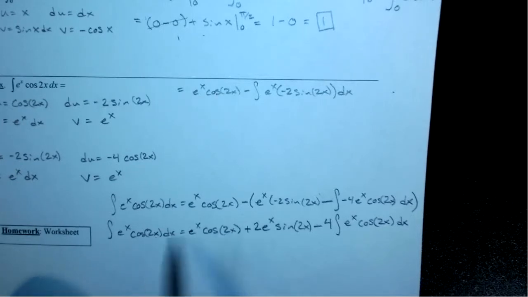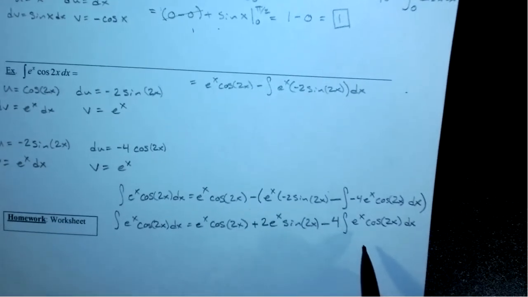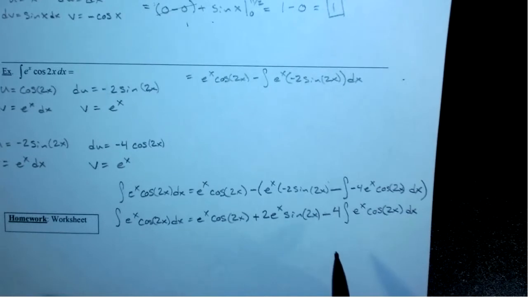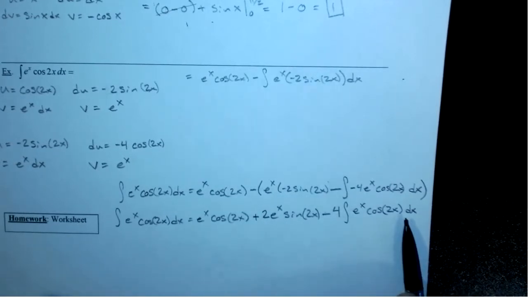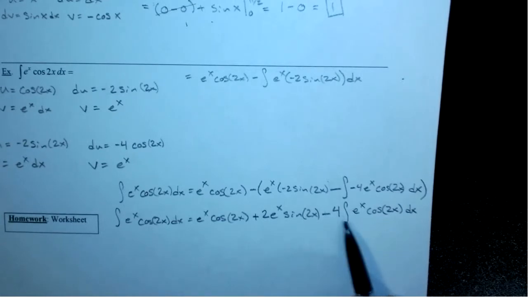So you could keep doing this over and over again, or you can use some algebra. We did some integration techniques like this a couple laps back. We can treat this whole integral as just one variable. Say this whole integral is just, I don't know, x. So this would be minus 4x, right?